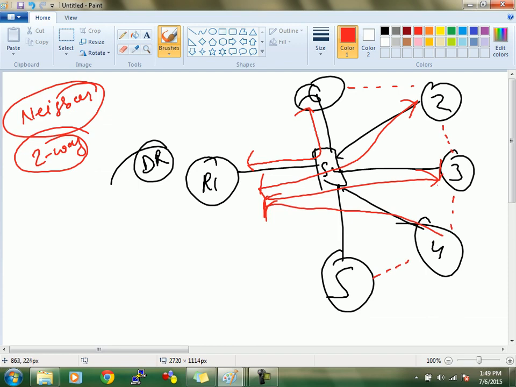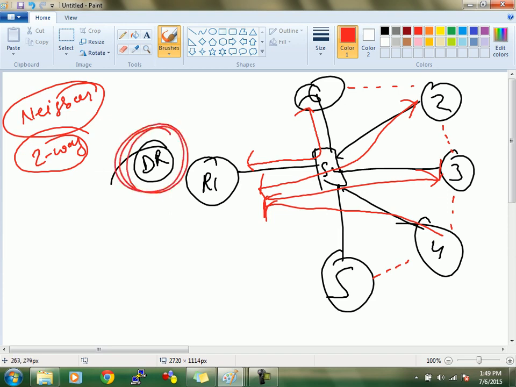But they will remain in which state? Two-way. Now, I am DR. All are exchanging database with me. It means I am the one who is responsible for their communication. Agree or not? And all other routers in the topology will never generate type 2 LSA. Who will generate type 2 LSA?